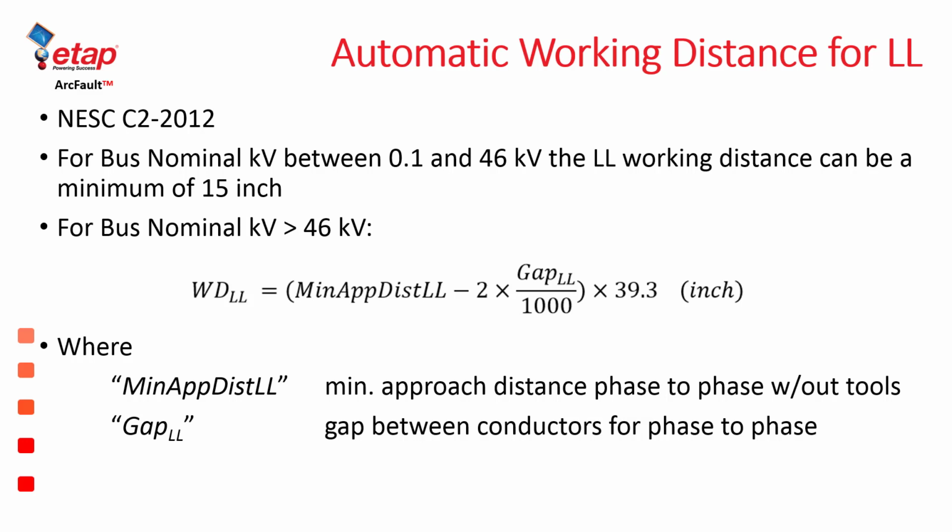So as part of the development of ArcFault, ETAP also provides a set of typical values for gaps and working distances for such equipment to allow us to calculate the incident energy in renewable energy system collector systems, as we previously mentioned.